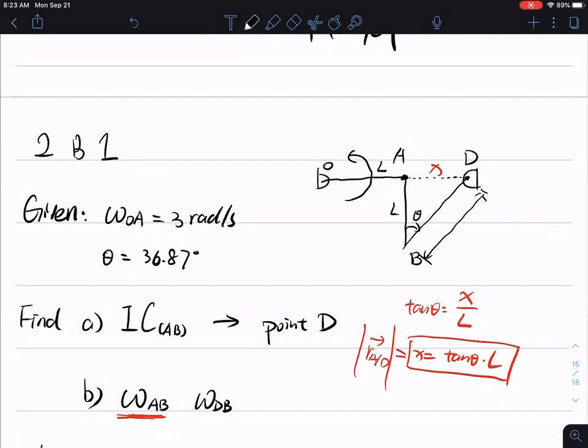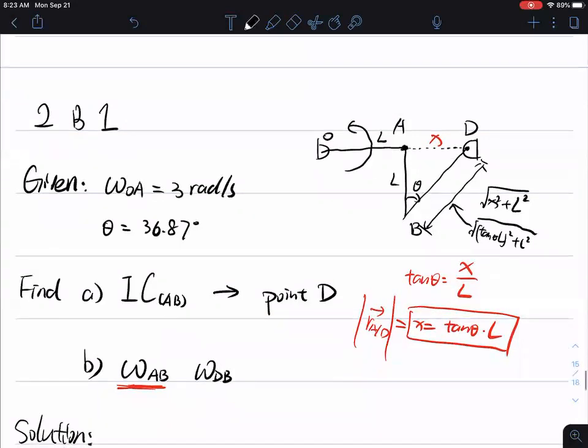You can use x squared plus L squared, square root. That would work. And plug in what is x. So here, tangent theta L squared plus L squared. That should give you the distance between B and D.